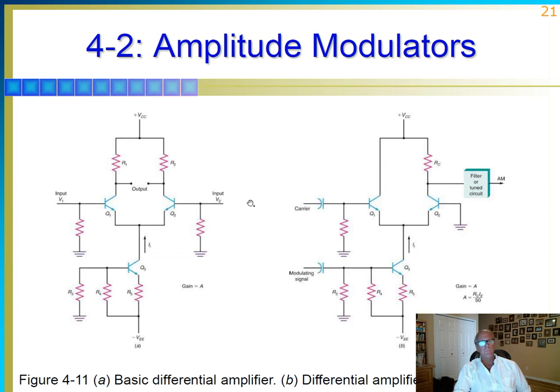What you can do is take one side of the differential amplifier, ground it, operate it single-ended, and then modulate the whole thing using that current source. So this is an example of a differential amplifier used as an amplitude modulator. You will not have to draw this on an exam or quiz or anything like that.